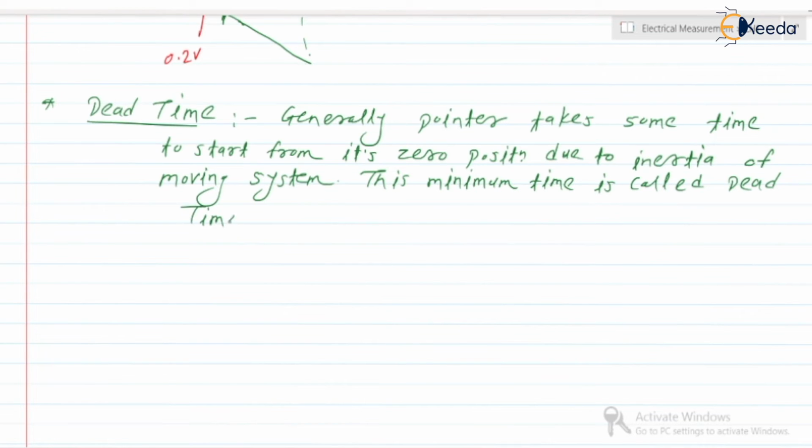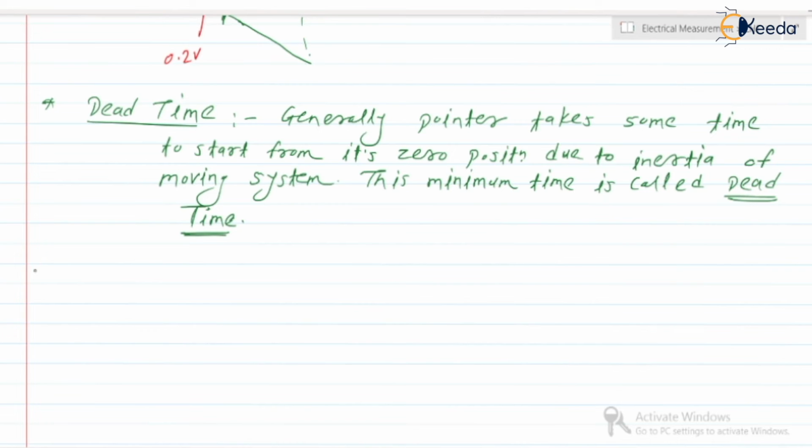Suppose initially the pointer is at the 0 position, and if we connect some input across the instrument, will our pointer move from that zero position to the true value within zero time? Not possible. The pointer takes some time, and that time is nothing but the dead time.